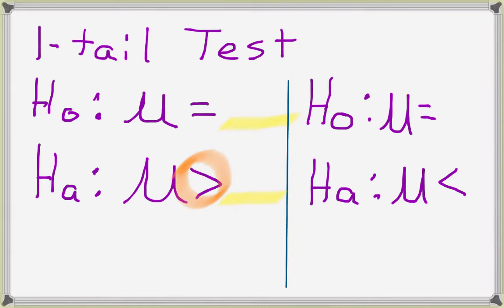Now the Z critical values, I will be attaching a chart for you to use to follow in the near future. But today we're just focusing on writing this. So one-tail test again. Is it going to be higher or it's going to be lower?